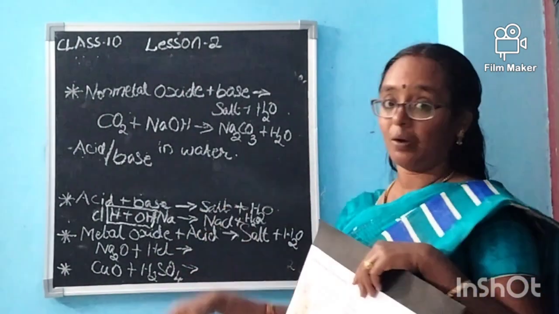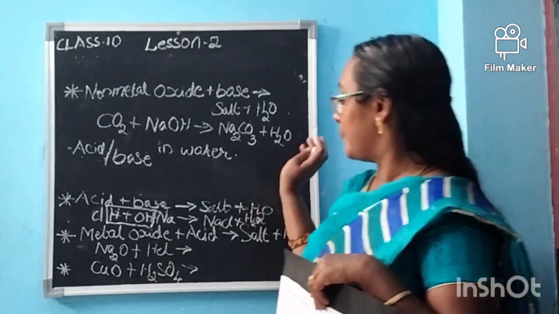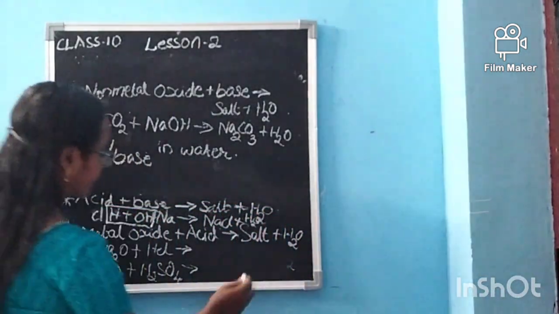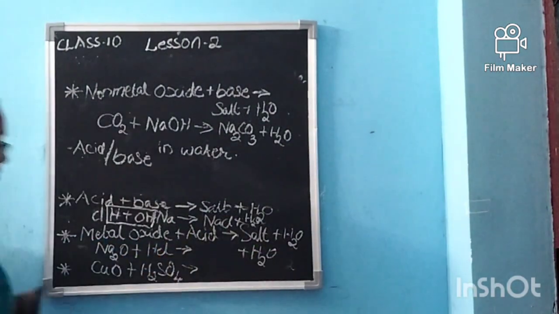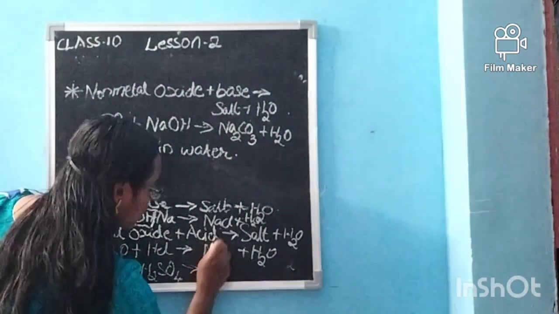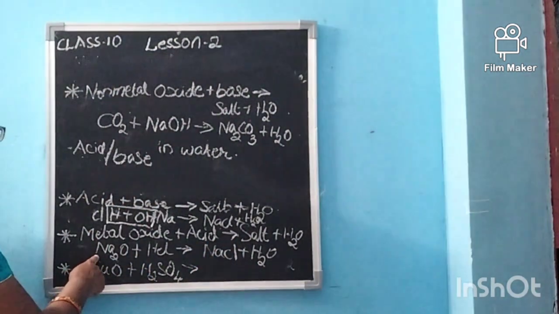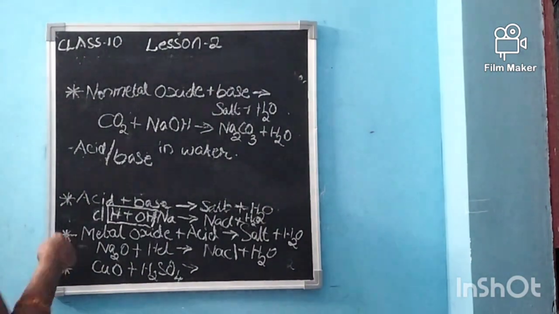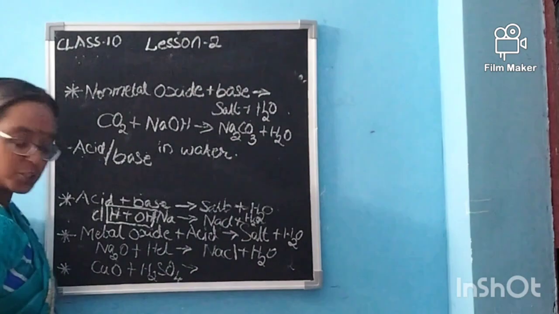That's why I am writing HCl all the time. It's reacting with acid. What will happen? We are taking water out, H2O plus NaCl. Nothing more, NaCl, salt. See dears, the equation is not balanced. It's your duty to make it balanced. Na2O plus HCl gives NaCl plus H2O.